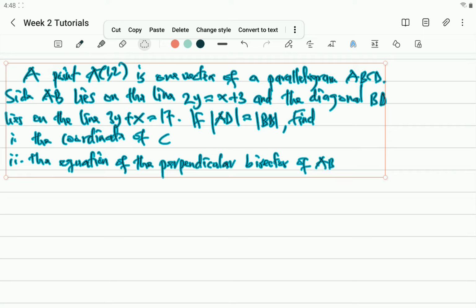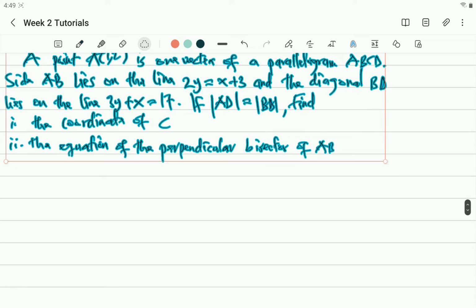Then we have side AB lying on the line 2y equal to x plus 3, and the diagonal BD lying on the line 3y plus x equal to 17. We are told that if the line AD is equal to the line BD, then we should find the coordinate of C, and we should also find the equation of the perpendicular bisector of AB.